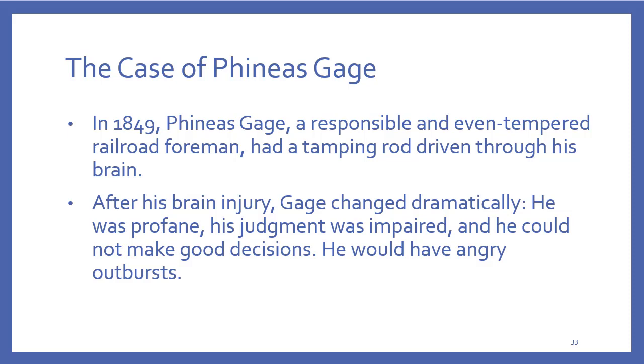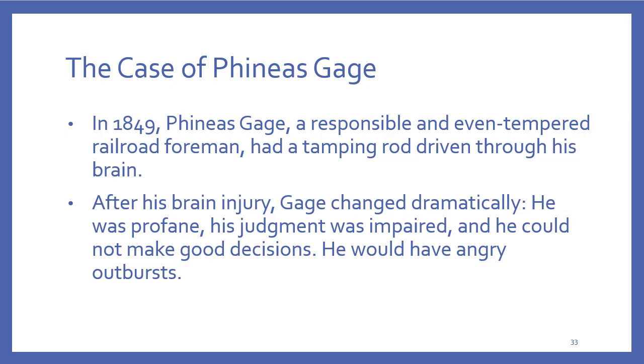Well, he was tamping it down, and it created a spark. This tamping rod, a big, long metal pole, exploded out of the hole in the rock, and it went through his brain.